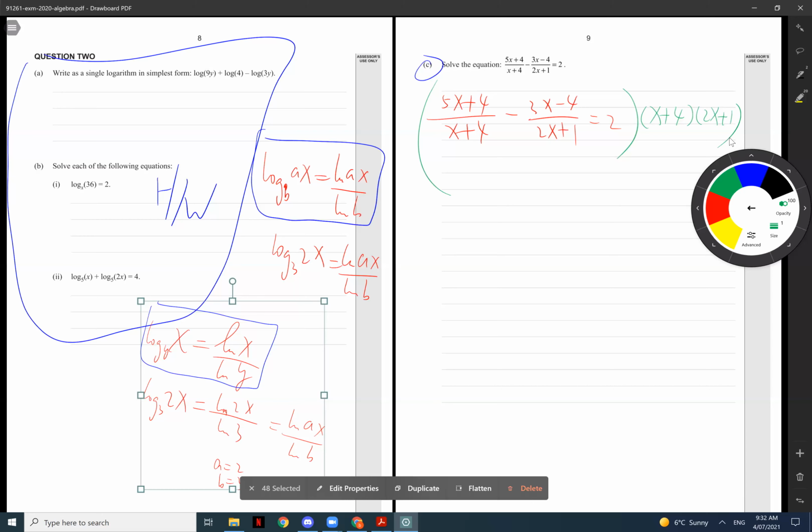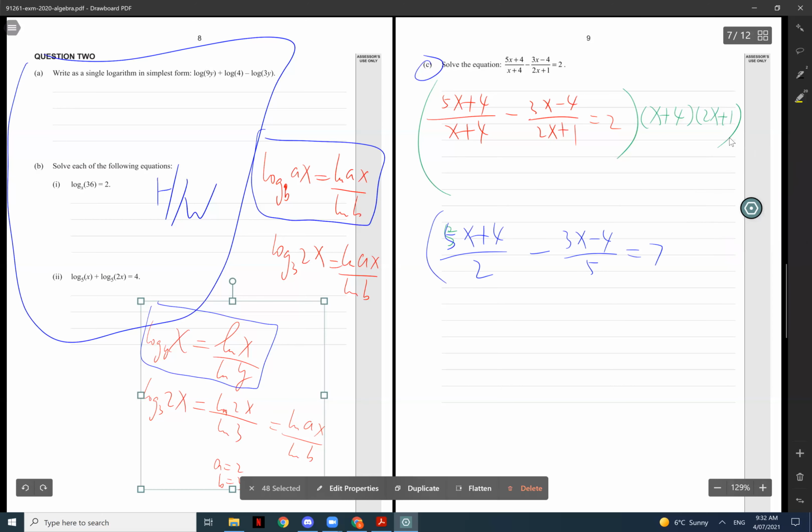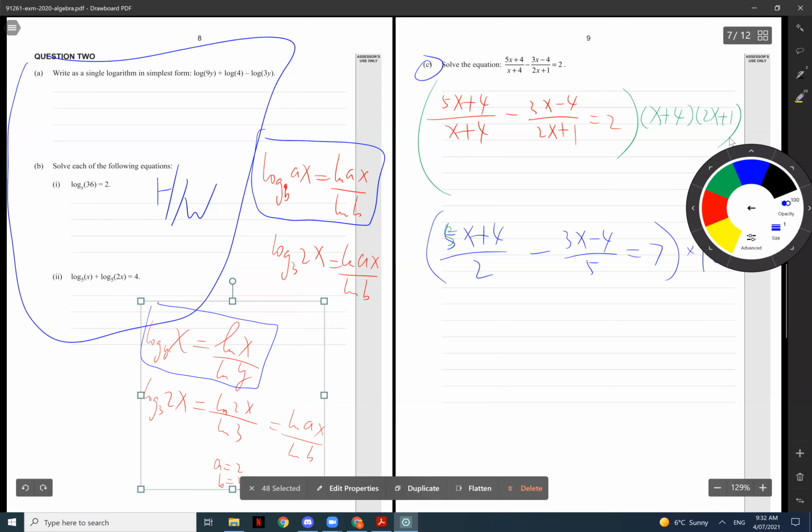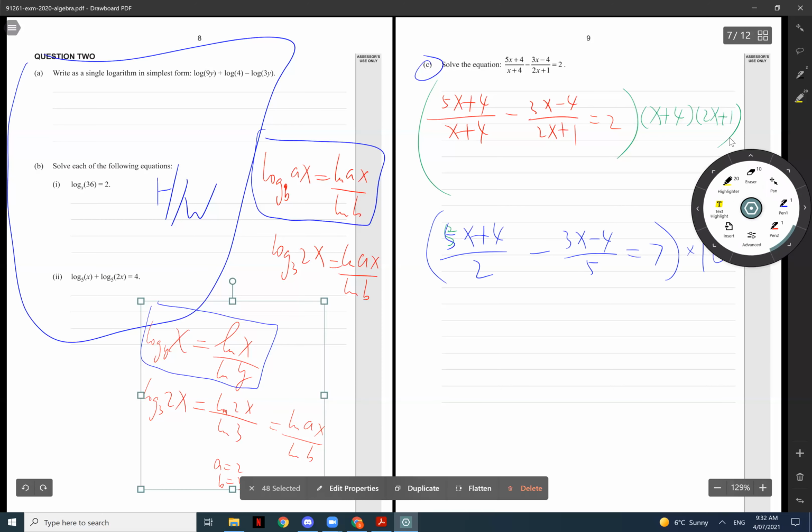Very similar if they ask you to solve this question, for example, 5x plus 4 over 2 minus 3x minus 4 over 5 equals, for example, 7. We just times by 10, the common denominator, because you can cancel the denominator.